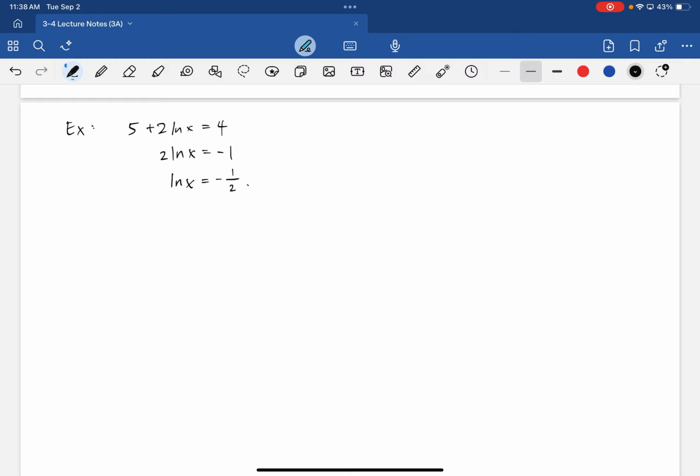Make both sides an exponent of e. e to the ln x equals e to the -1/2. So the left side simplifies to x, and the right side does not simplify, so we'll leave it at that. Okay? Anybody want to do this in their head? e to the -1/2?